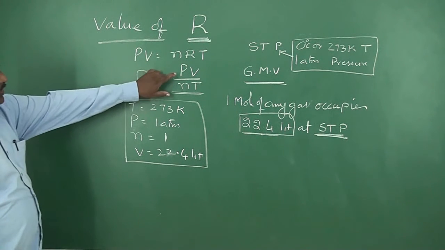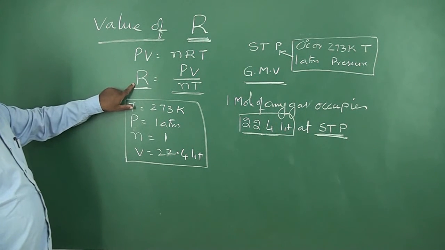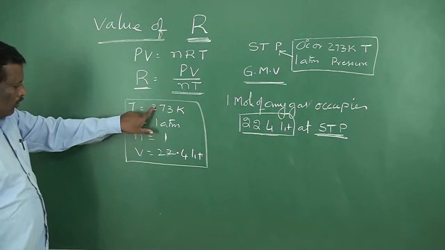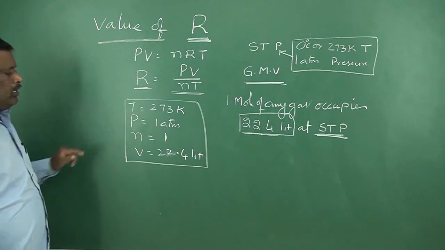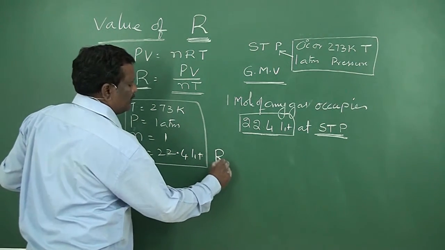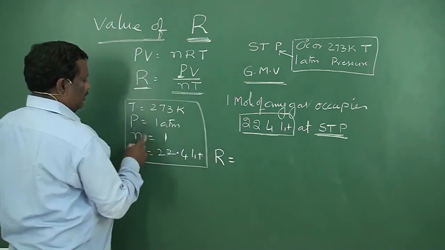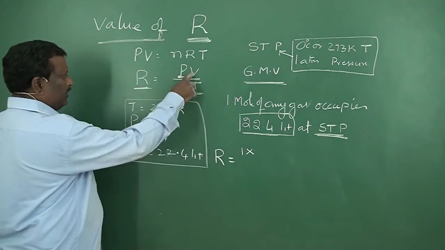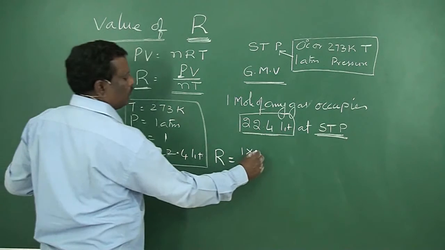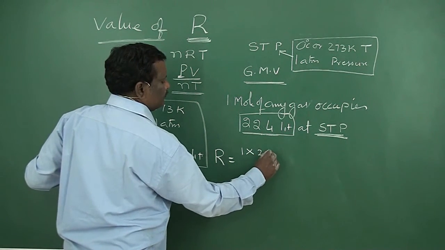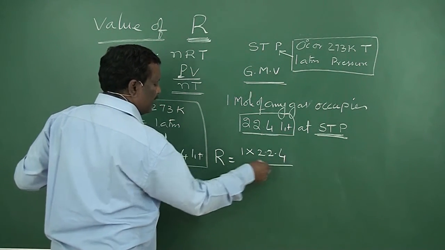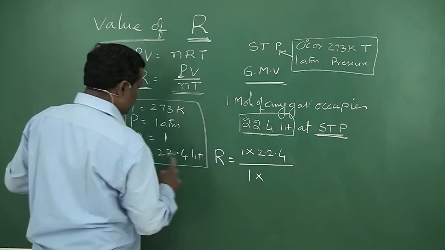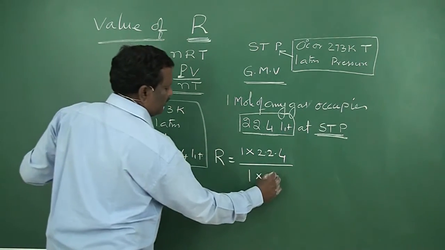Now if you substitute these values in this expression, we know that capital R is equal to PV by nT. Then R is equal to P, 1 atmosphere, into V, 22.4, by n is equal to 1 into T is equal to 273.